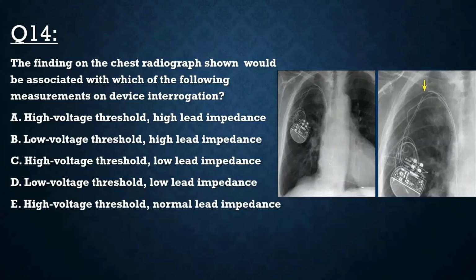With a defibrillator, you will see an RV coil or RV and SVC coil, which is a thickened coil within the RV, but it is not there. So likely this is CRT-P. Anyway, as you mentioned, there is a lead. What is wrong with the lead? What's the problem in this lead?